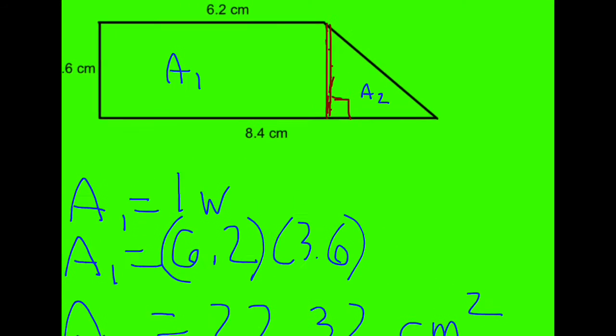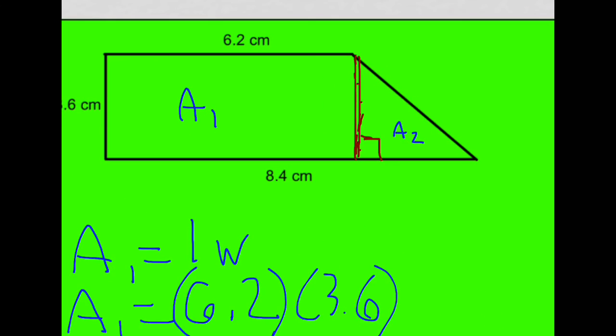Okay, now to get the area of the triangle, I need to have a base and a height. Well, the base of this triangle is going to be that distance from there to there. I don't know that distance, but I do know that from here to here is 8 4/10, and from here to here is 6 2/10.